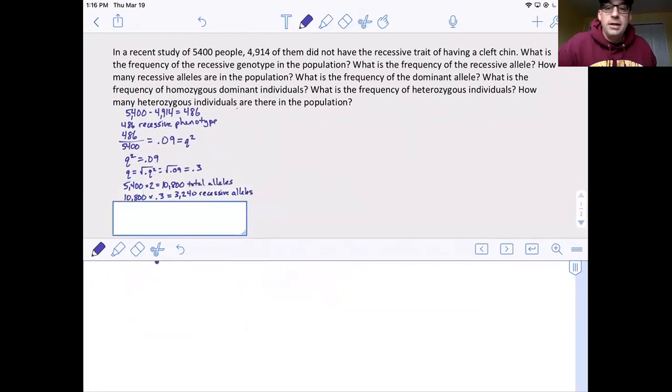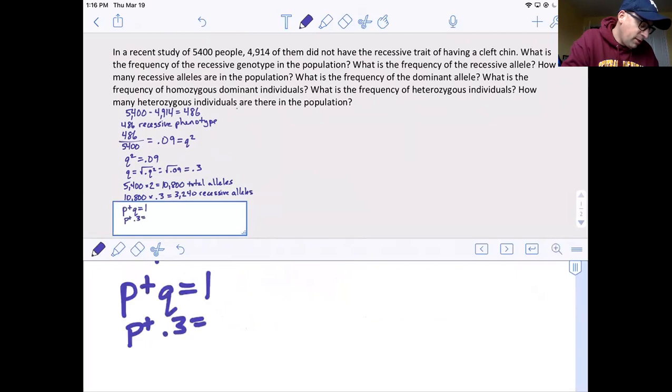Okay, so next question. What is the frequency of the dominant allele? So the dominant allele is represented by p in our equation. We know that p plus q equals 1. We know that q is equal to 0.3. So p must be equal to 0.7.